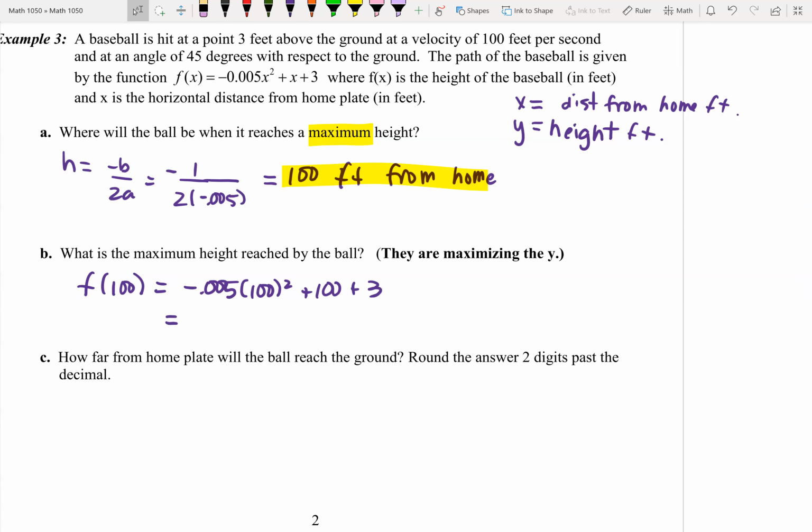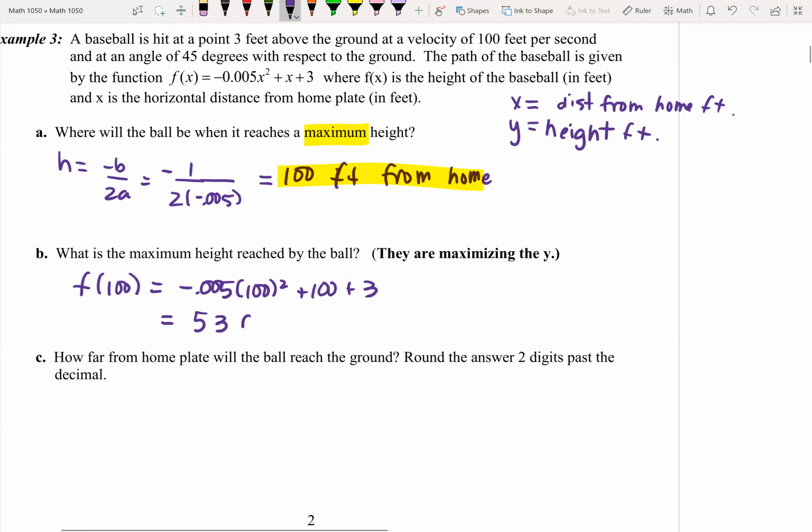And you can stick that whole thing in your calculator, but you have to write at least that. And when you do, you get 53. That's the y. Y stands for height. So what is the maximum height? 53 feet. That's it. Okay, question C. How far from home will it be when it reaches the ground? Okay, everybody freeze right there for 2 seconds.